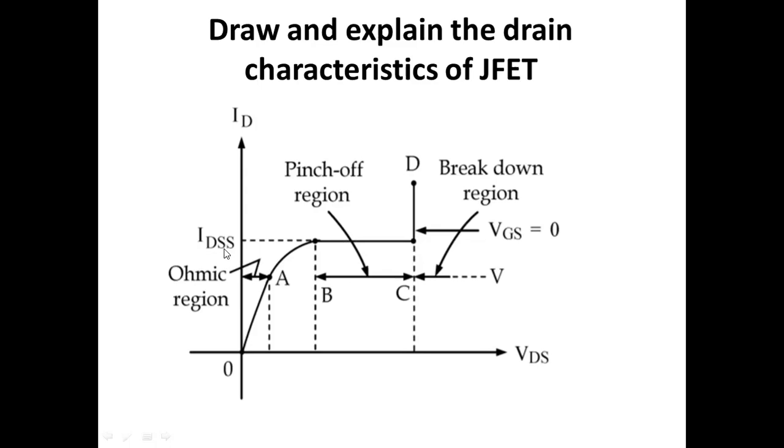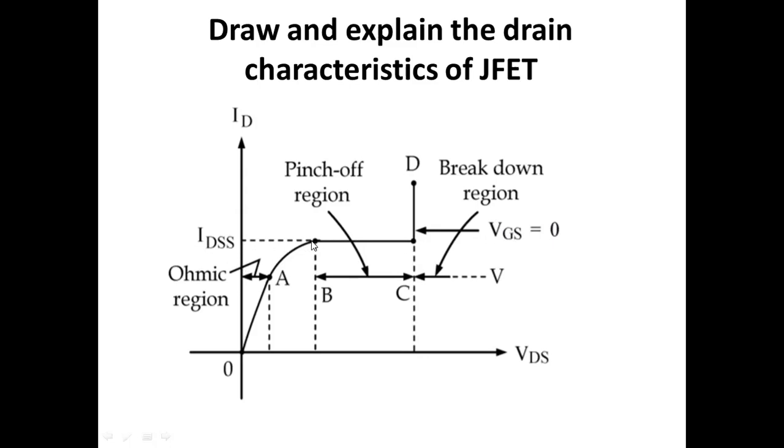ID is constant. That is nothing but IDSS. IDSS means the current from drain to source when the gate is short circuited. Gate is short circuited means VGS equal to 0. So VGS 0 పెడితే ఇప్పుడు ఏమవుతుంది, gate to source voltage is 0. Then the ID is nothing but IDSS.